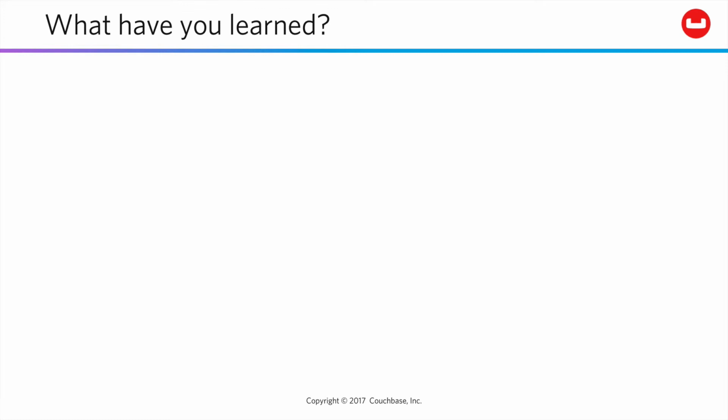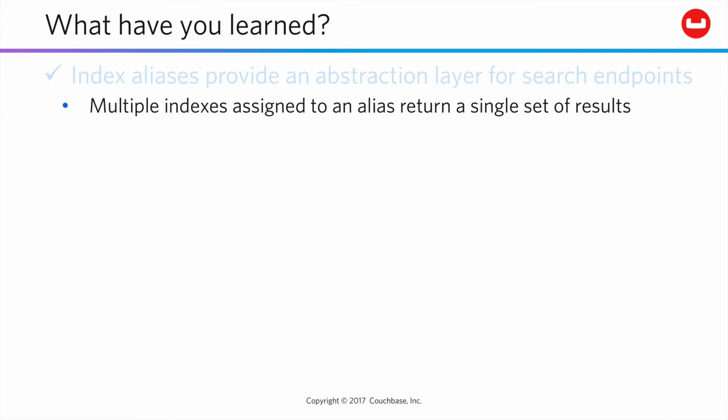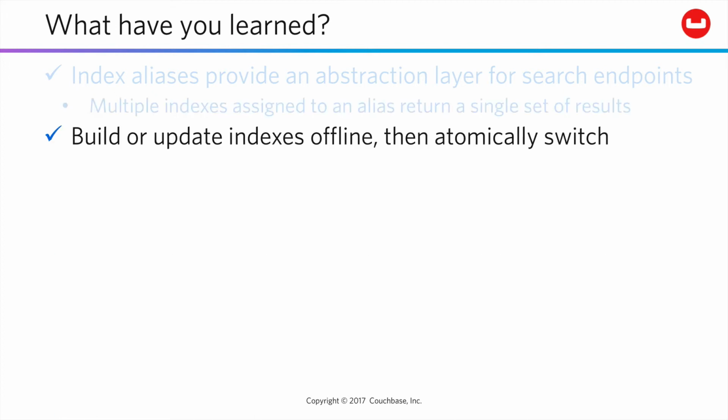So what have you learned here? First, index aliases provide a very useful abstraction layer for maintaining your indexes with zero client disruption. You can also assign multiple indexes to a common alias as an approach to managing overall index maintenance. With aliasing, new or updated indexes can be built offline and then atomically switched.